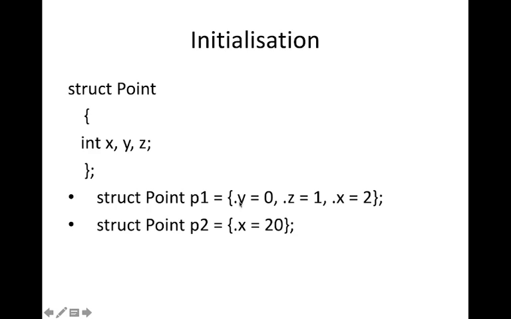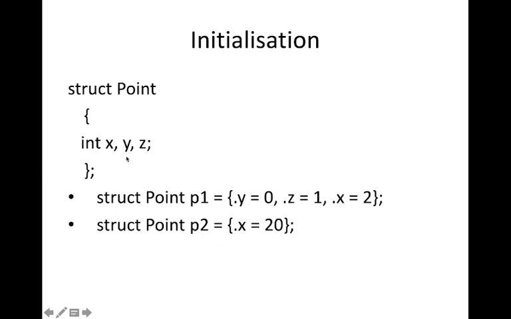If you are initializing like this, dot y equal to 0, it means 0 should be assigned to p1 dot y, then dot z equal to 1, dot x equal to 2. So like this also you can initialize. You need not worry about the order of these variables. Simply give dot y equal to, dot z equal to, dot x equal to. This way also you can initialize.